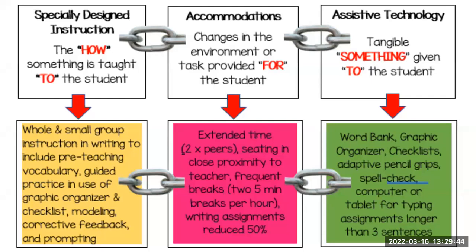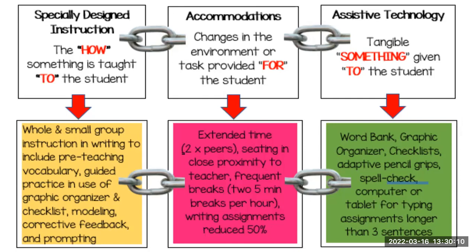What are the changes you're making to the environment or the task for the student? And then that leads us to the assistive tech, which is that tangible something given to the student. So here are some examples of what that might look like in an IEP. Whole and small group instruction in writing to include, now notice, these are all verbs, they're actions.